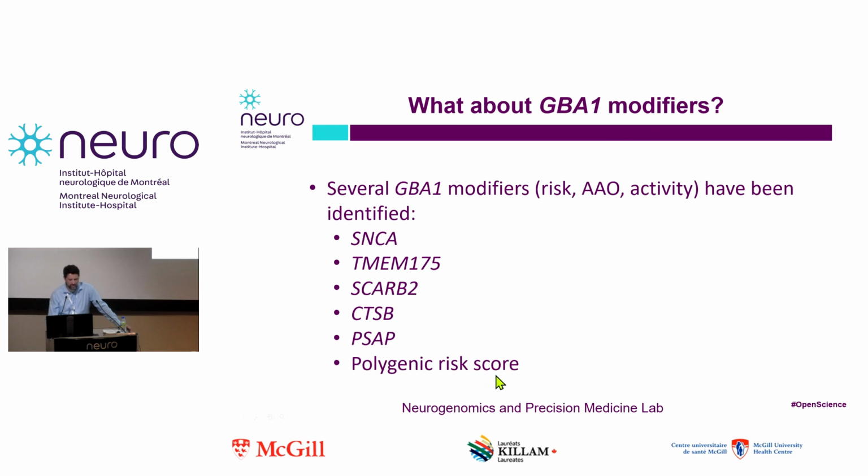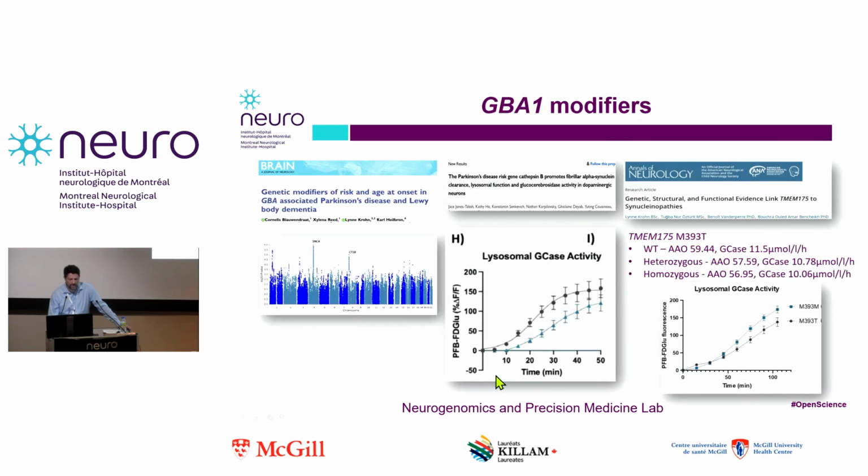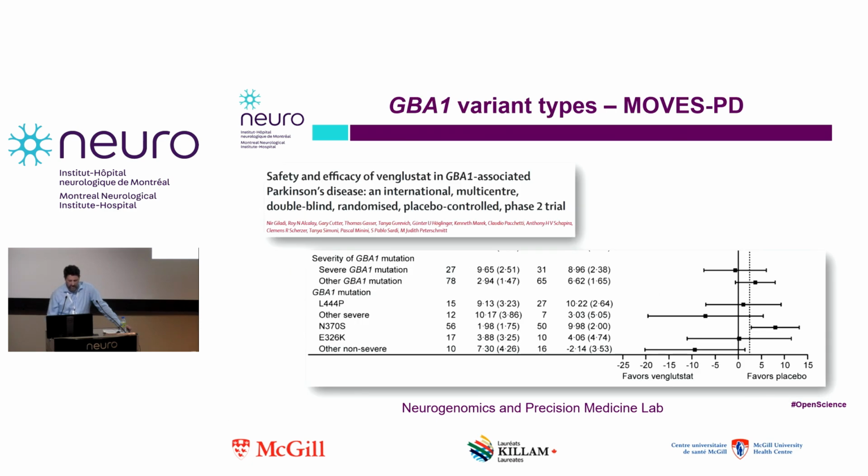The same thing for polygenic risk score. This is a slide I showed in the last presentation as well, to show how these variants in these genes affect GCase activity or penetrance of GBA. And this has already been shown by Pablo, but it just exemplifies what I'm talking about.